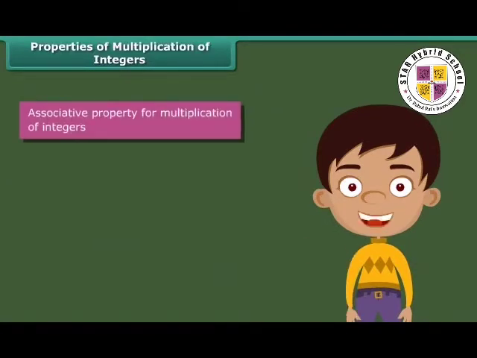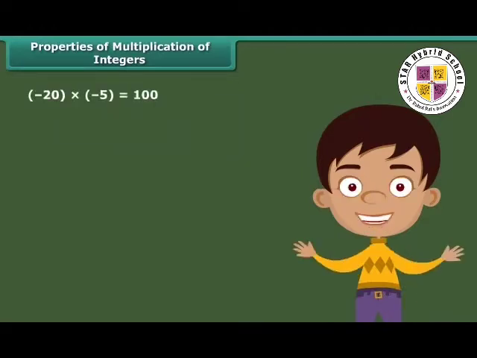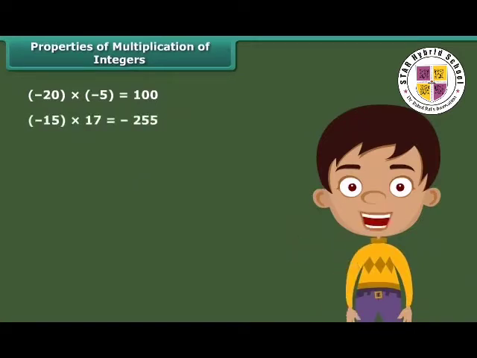The product of two integers is again an integer. For example, -20 into -5 is equal to 100. -15 into 17 is equal to -255. So we can say that integers are closed under multiplication.